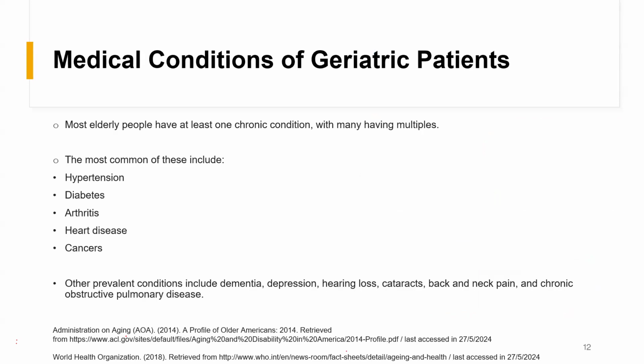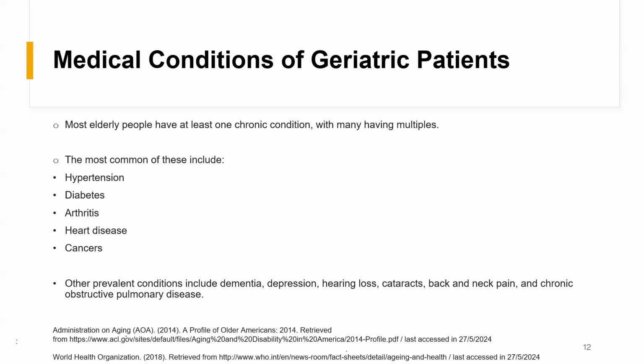Most elderly patients have at least one chronic condition, with others having multiple medical conditions. The most common medical conditions encountered in geriatric patients are hypertension, diabetes, arthritis, heart diseases, and cancers. Other prevalent conditions may include dementia, depression, hearing loss, cataracts, as we said before, and back and neck pain.